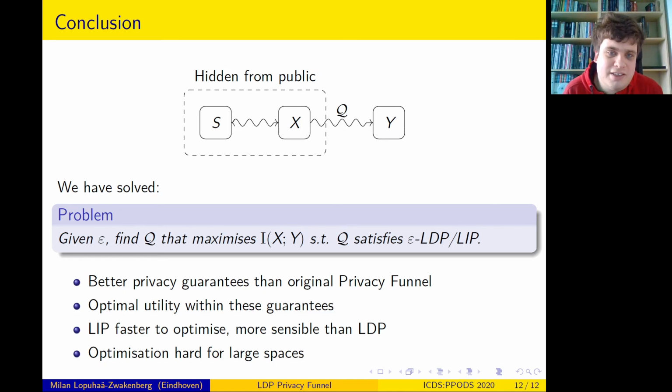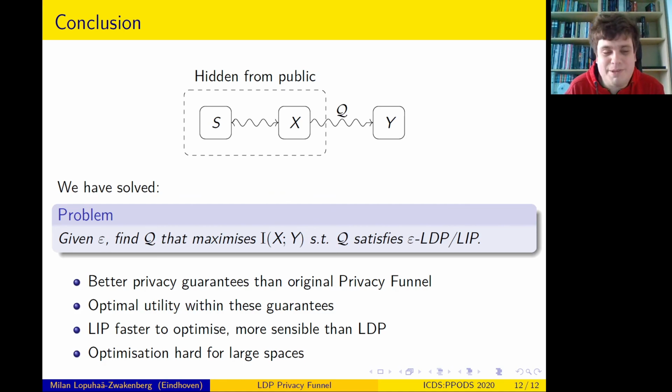Both of these are stronger privacy guarantees than the original privacy funnel, and they give privacy guarantees to all users in the database and not just the average user. Within these privacy constraints, we can find optimal utility, and we have found that LIP is a more sensible privacy metric than LDP, and is also faster to optimize. So I would advise everyone to use LIP as a privacy metric in this scenario.